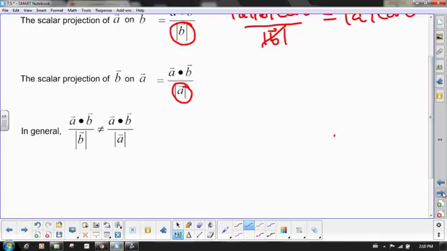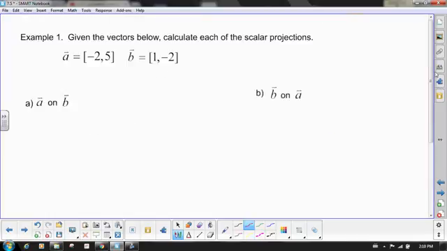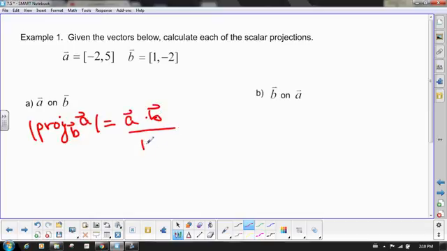Now, here's an example. Given the vectors below, calculate each scalar projection. So the projection of A onto B. I'm going to put B down here, and I have A. Because it's scalar, I need my magnitude bars. It's A dot B, and because I'm projecting onto B, it's the magnitude of B in the denominator.